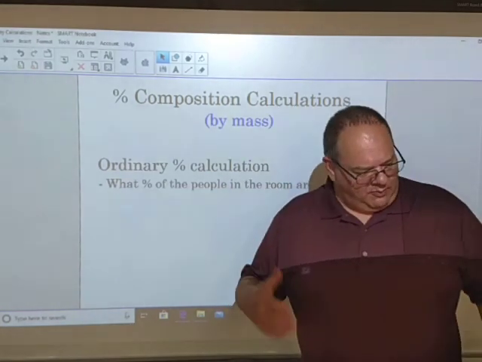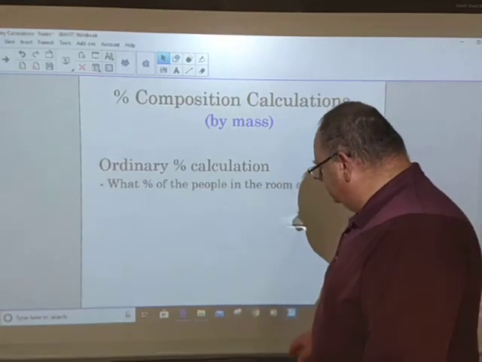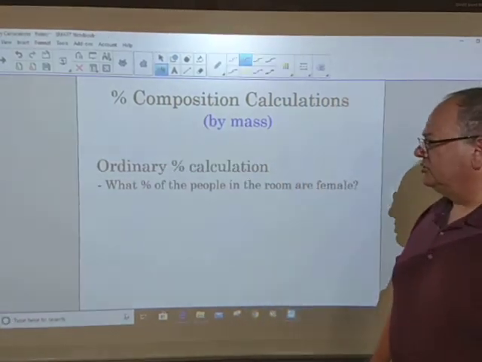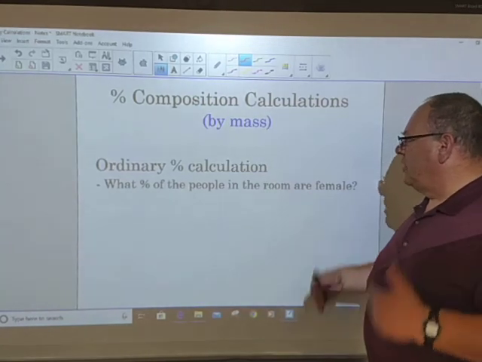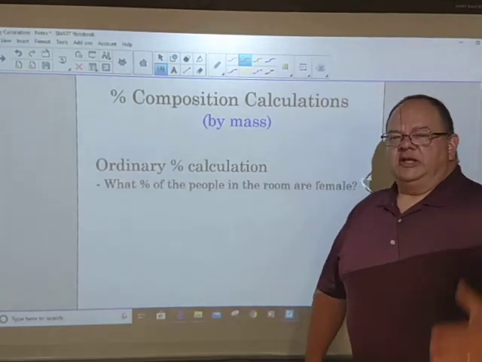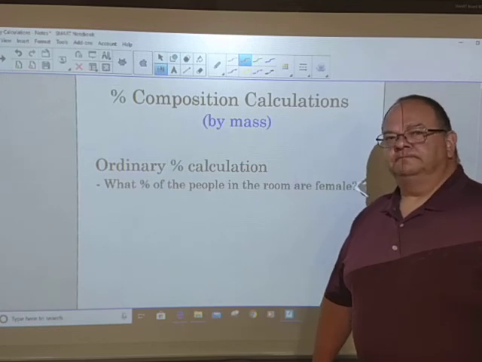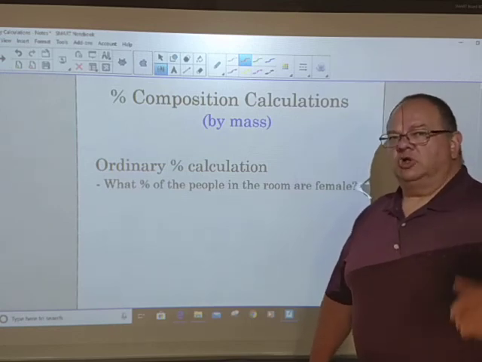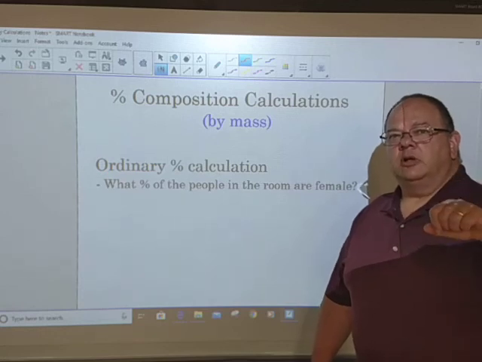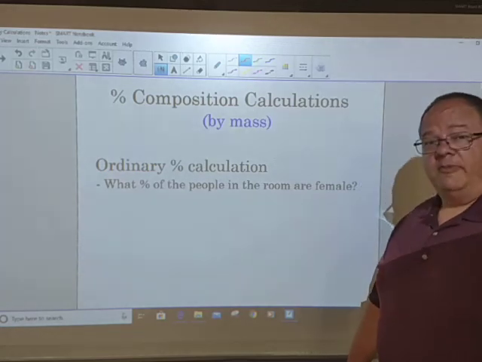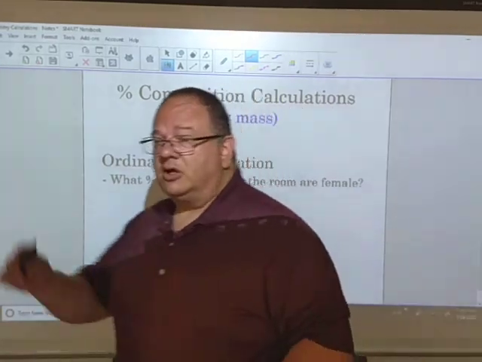So let's just remind ourselves of how to do a percent calculation. Let's imagine you were doing something where you say, what percent of the people in the room are female? Think about, what do you need to know? Yeah, Jasmine? Yeah, you're right. I need to know how many females there are. So let's say I look around.